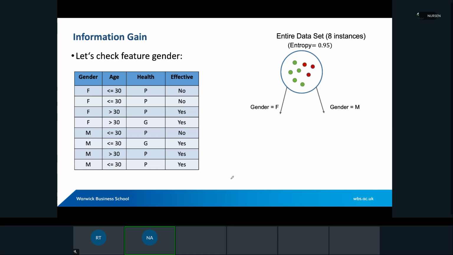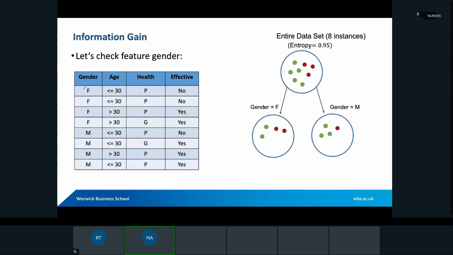We need to see how much we can decrease by knowing other features. So let's do it for gender. What we do, we go to a particular feature, and then in that feature, we check the categories. Based on those categories, we define our child. So here in the gender column, we have two children. One of them is gender female, the other one is gender male.